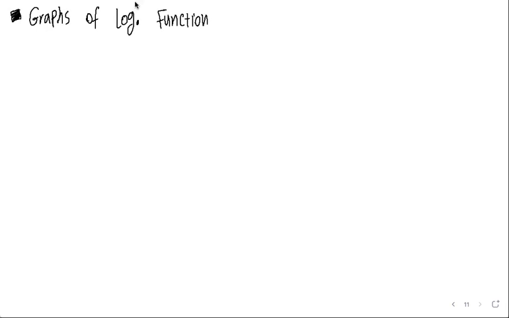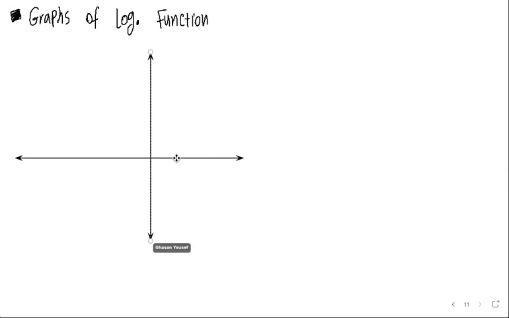So I know the exponential function. It has a graph something like this, like I said in the previous section. If I want to graph the function f of x equal a to the x and a is greater than 1, the graph will be something like this.